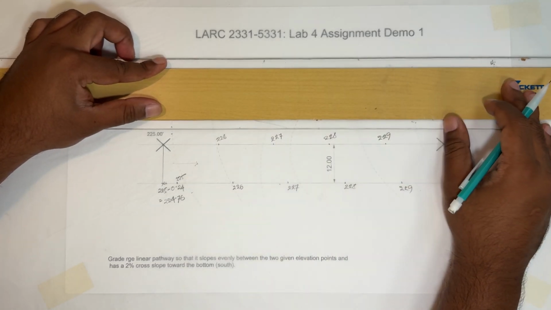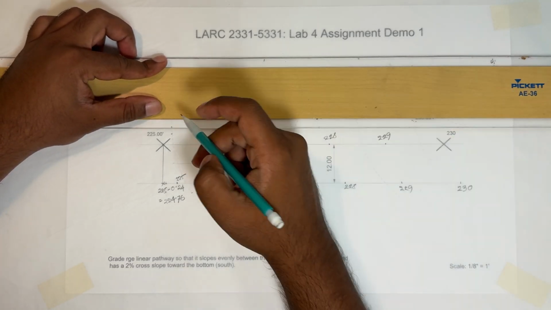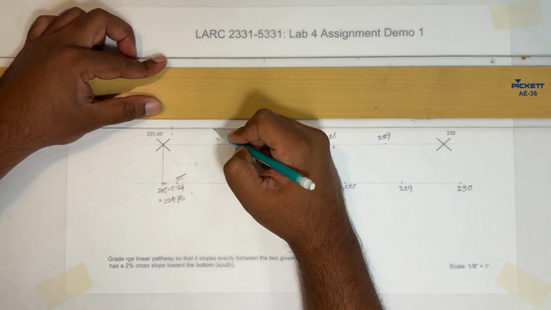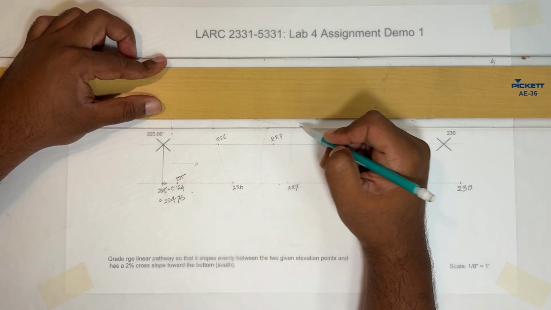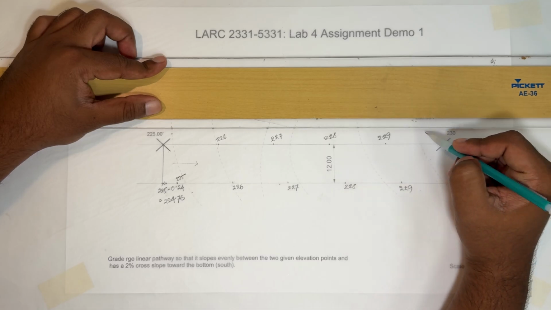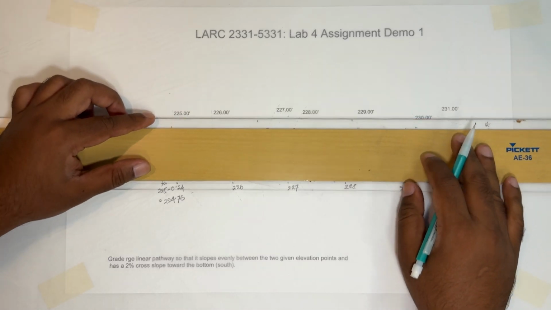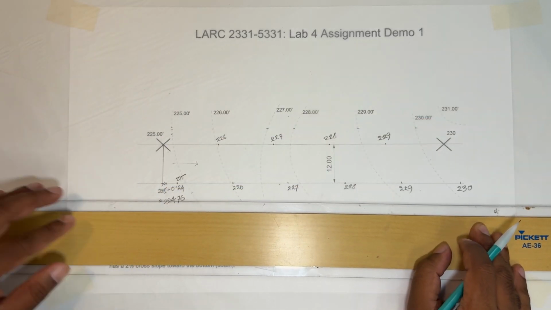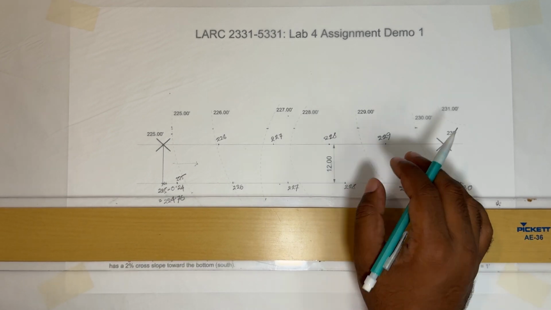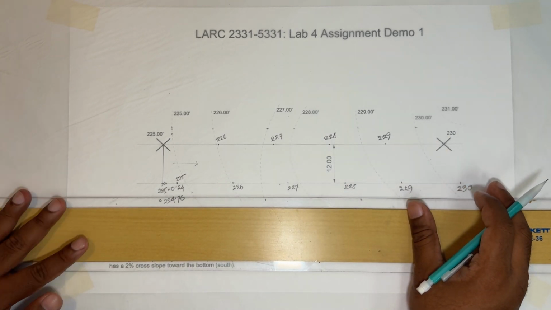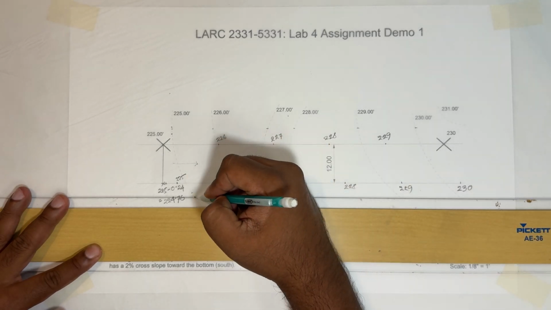But right now, let's say this is the distance that looks okay for a smooth transition. I will draw it from each of the existing contour lines, and I will create the same difference for the bottom part.